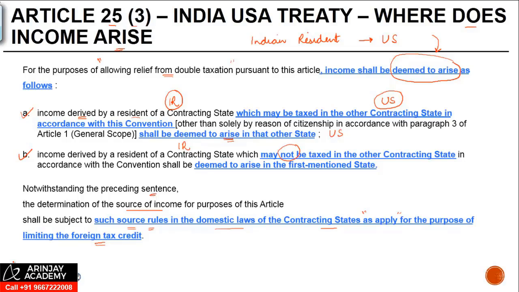What this means is, while this is a general rule which should be applicable, if the laws which apply for the purpose of limiting foreign tax credit have certain source rules which are different from what is provided here, then those rules will have precedence over what is discussed in paragraphs A and B.